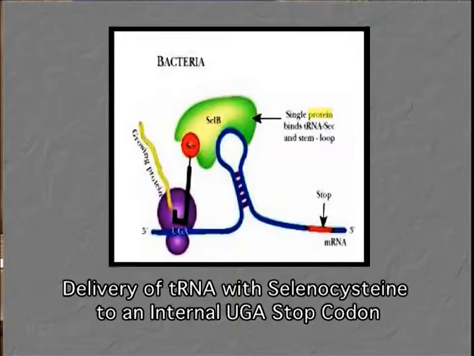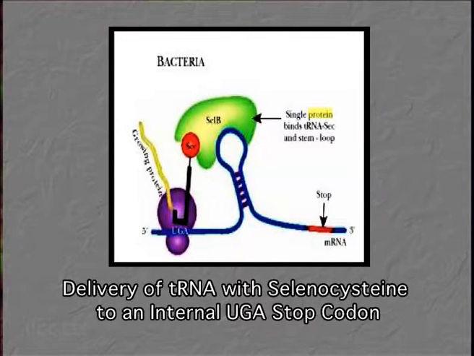The system obviously should have a mechanism operating in it to understand where it has to put a stop codon and stop translation, or where in place of a stop codon it has to code for selenocysteine. And that specific component is the selenocysteine insertion sequences, which are present within the mRNA itself.